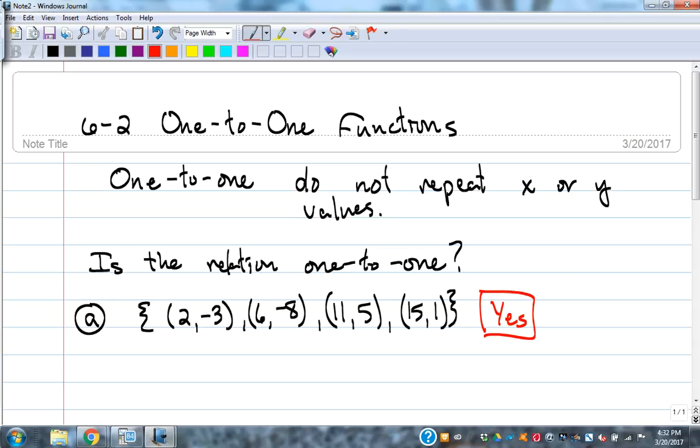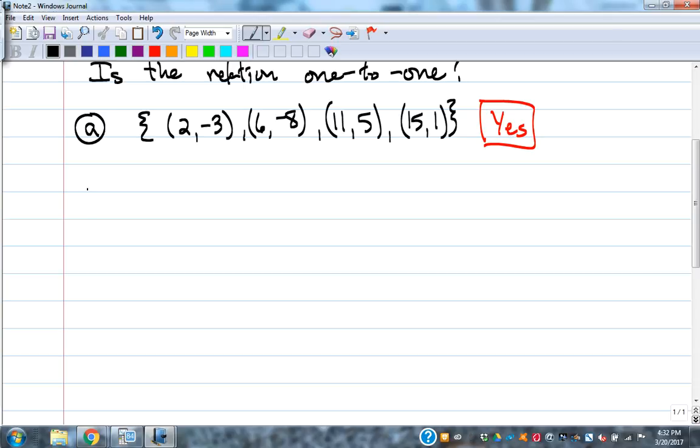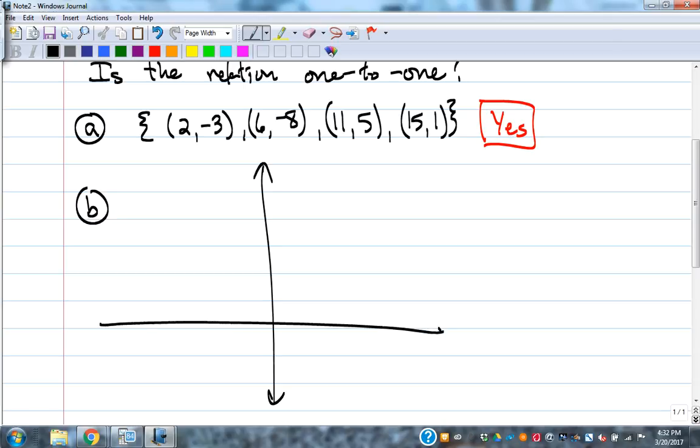Where it gets a little bit more difficult is when they don't give you a list of ordered pairs, but they give you a representation of a list of ordered pairs in the form of a graph. Maybe it looks something like that. A higher degree polynomial, maybe from chapter 5.